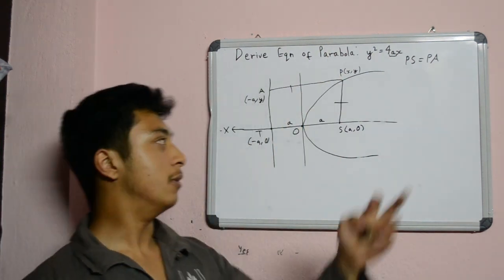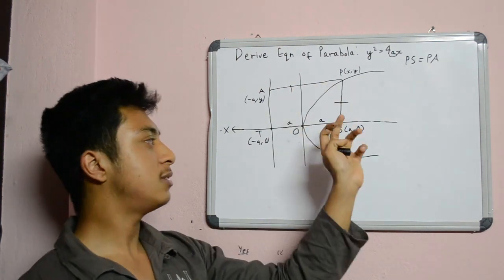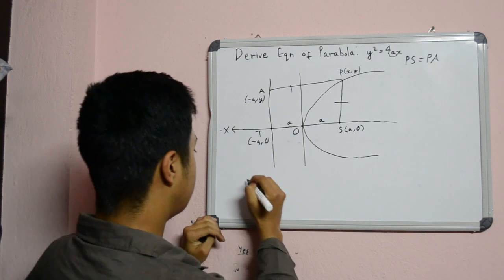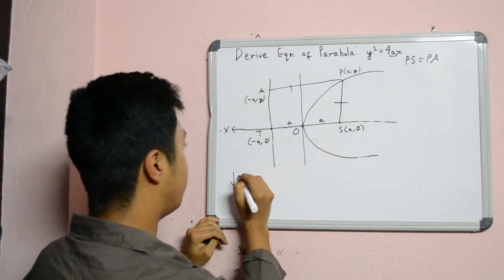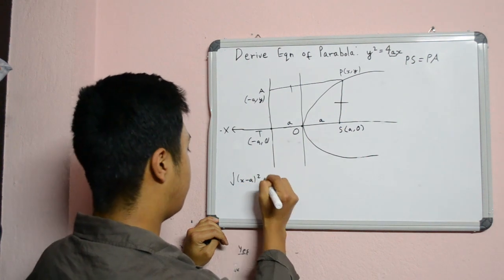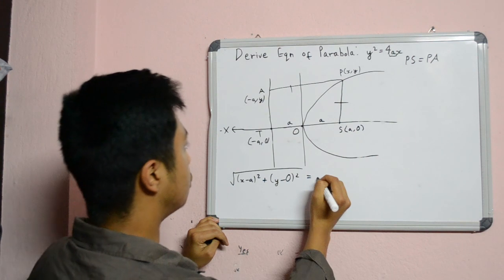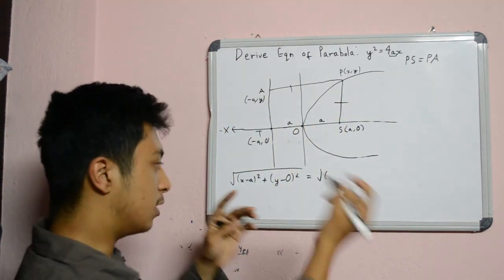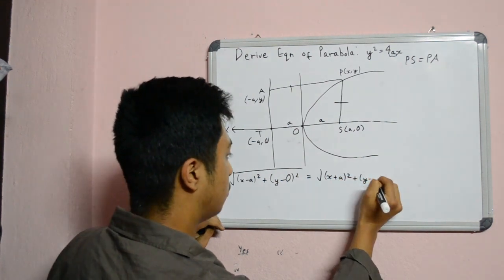Now it's simple. We have PS equals PA. We know the three coordinates. Just apply the distance formula and equate them. So for PS, we have the square root of (x minus a) whole squared plus (y minus 0) whole squared, equals the square root of (x minus minus a, which is just x plus a) whole squared plus (y minus y) whole squared.